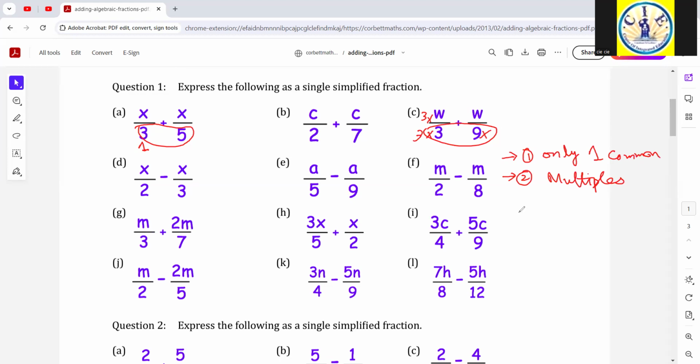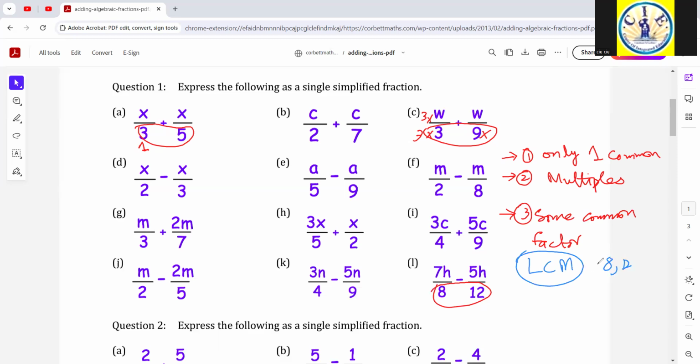And the third case was when there is some common factor, not just a multiple, but any factor that could be taken as common. In that case, we took their LCM of 8 and 12.